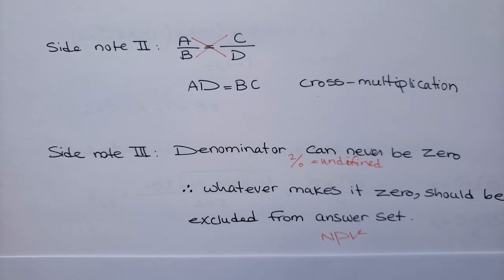This step should be done before any simplification. And if any of your roots is equal to an NPV, that value cannot be accepted.